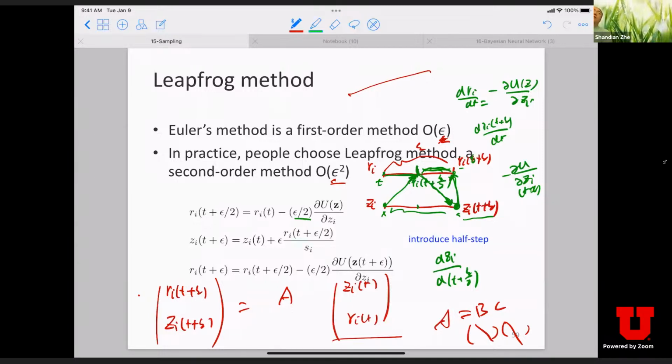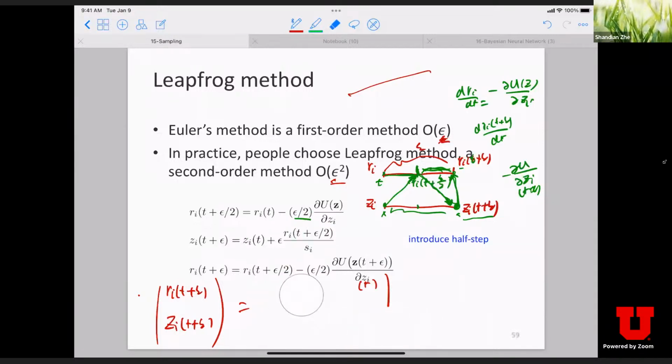Okay, how can we see that? First, we can take a look at the last step. We know that it comes directly from r_i t plus half epsilon and z_i t plus epsilon. This is the last step of your leapfrog.